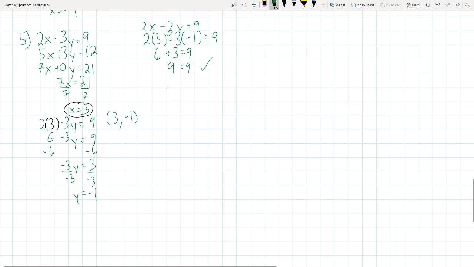That one checks out. 5 times 3 plus 3 times negative 1 equals 12. 5 times 3 is 15. Plus 3 times negative 1 is negative 3, equals 12. 12 equals 12. That one works out.